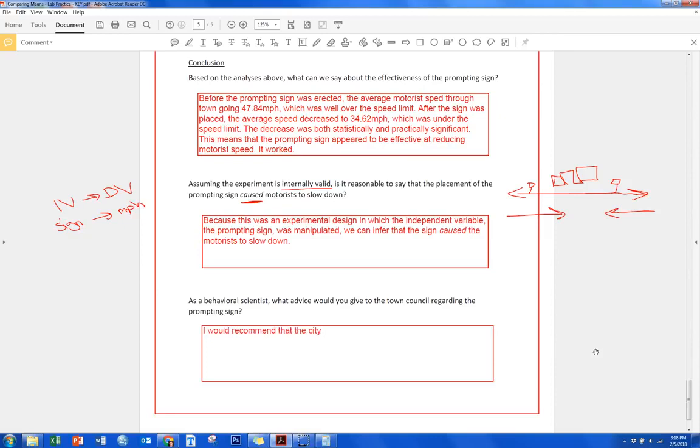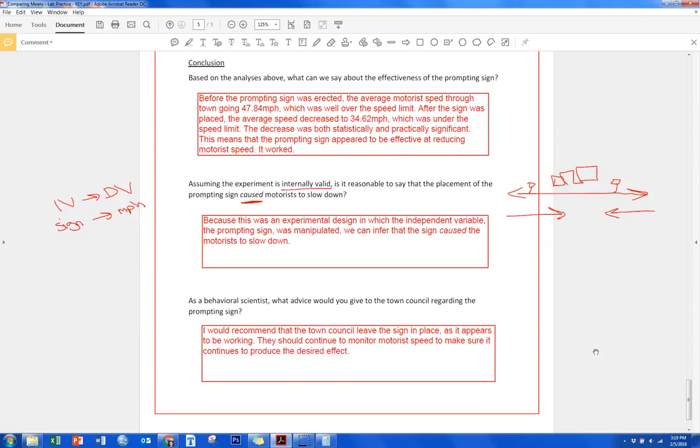So I would recommend that the city, or what's the town council, right? Town council leave the sign in place as it appears to be working. They should continue to monitor motorist speed to make sure it continues to produce the desired effect.